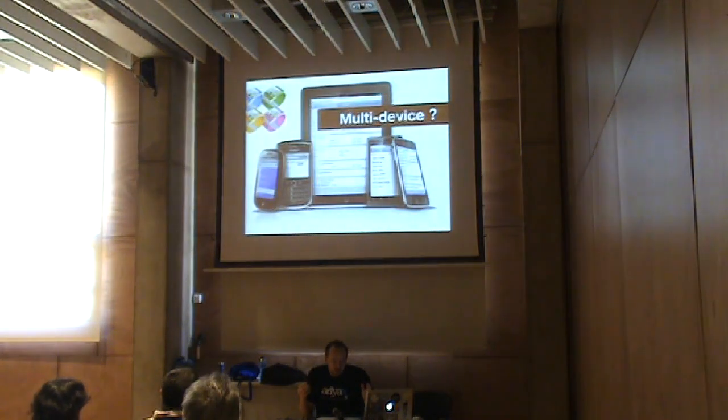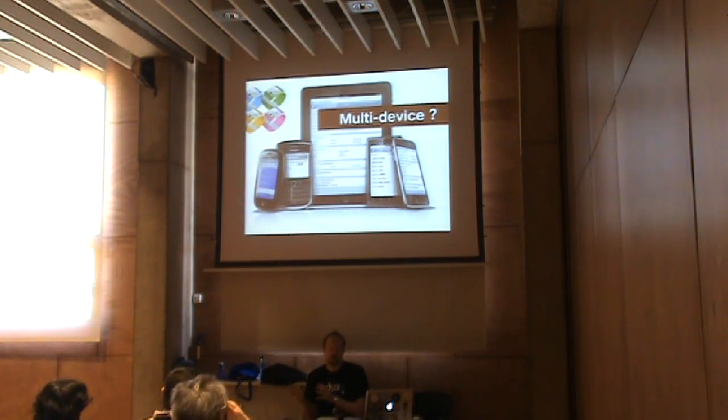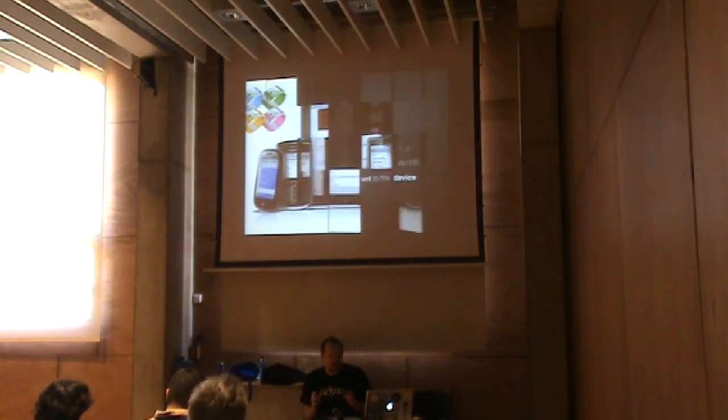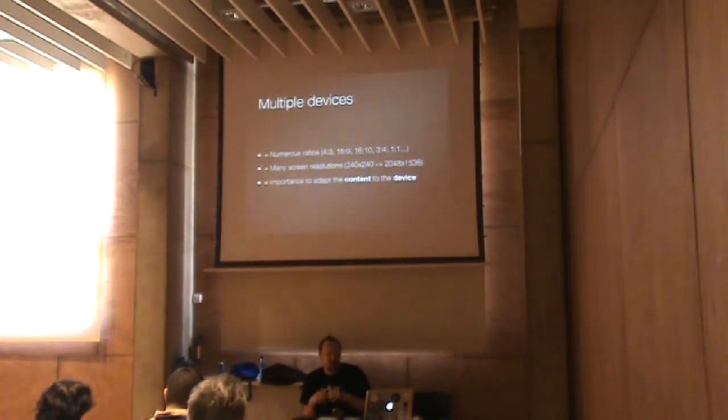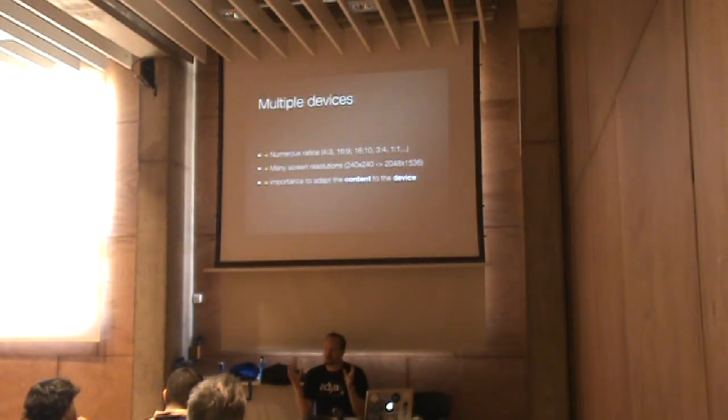So if one day you release some mobile website, you have to deal with BlackBerry or other ugly things, or Android or iPhone, and then you have to make it work on Nokia, and now you see the watches accessing the web, so it's kind of complicated to make everything work. You have a large amount of ratios, so screen sizes are all different.